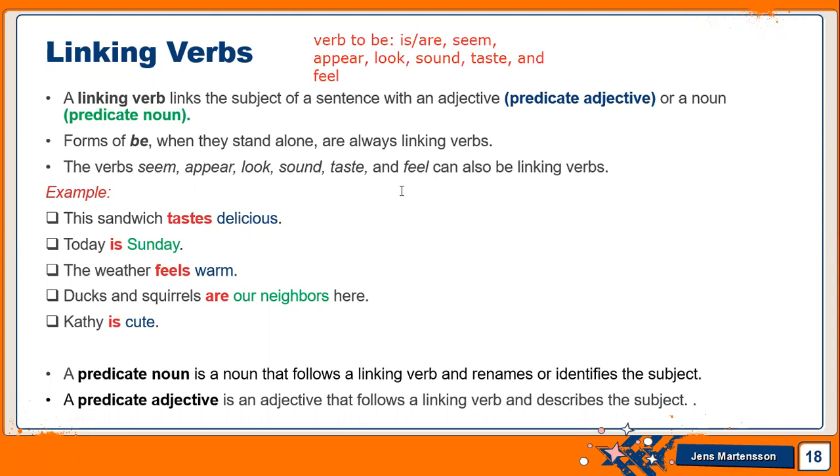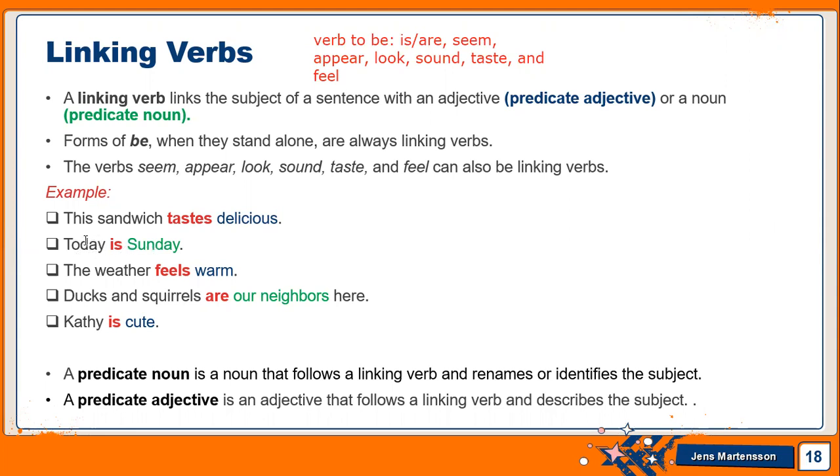Now you can ask me, if I have is playing, and we said before in that case, playing would be the main verb and is would be the helping verb. How do I know whether it's a helping verb or a linking verb? If the main verb is not present, there is only a subject and a predicate, and this verb linking between them, then this is a linking verb. Like today is Sunday.